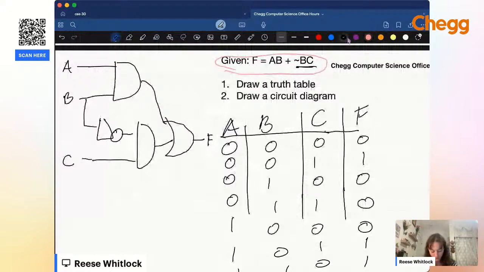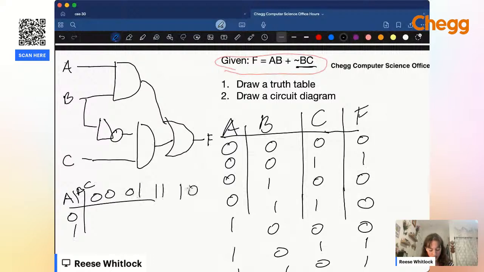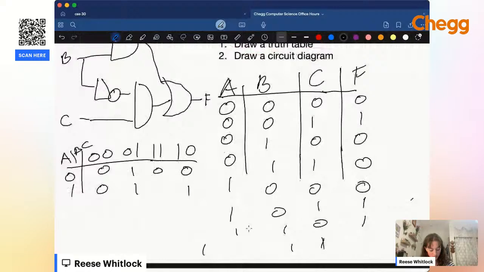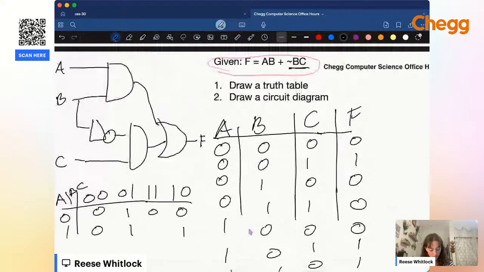Okay, so I'm just gonna do that here. So in my K-map, I'm just gonna have A and BC, so 0, 1, 0, 0, 0, 1, 1, 1, and 1, 0. Right, so this is 0, 1, this is 0, this is 0, this is 0, 1, 1, and 1, I think.